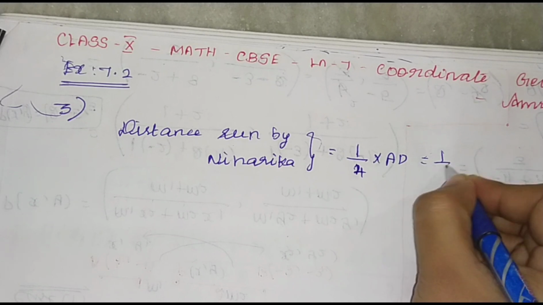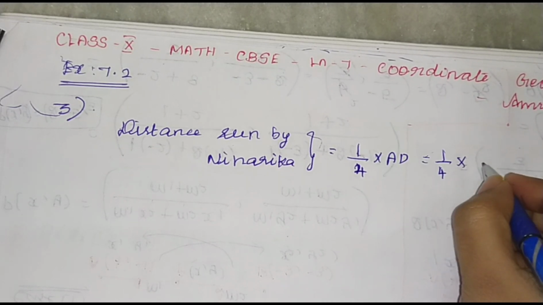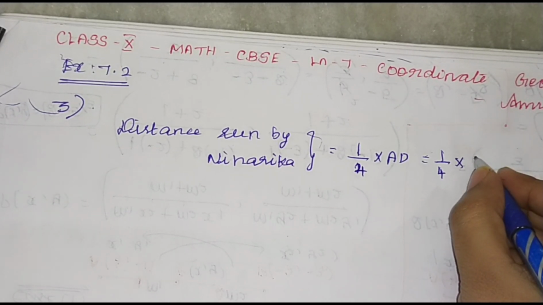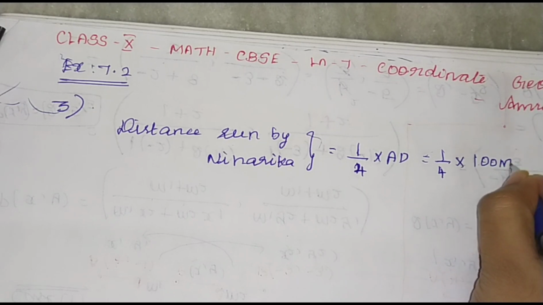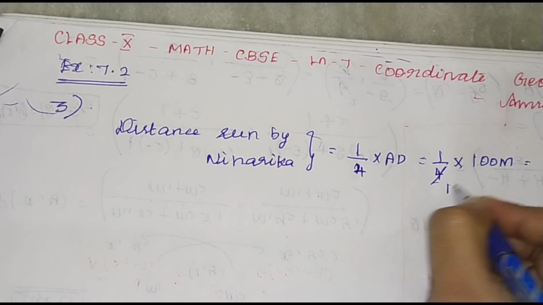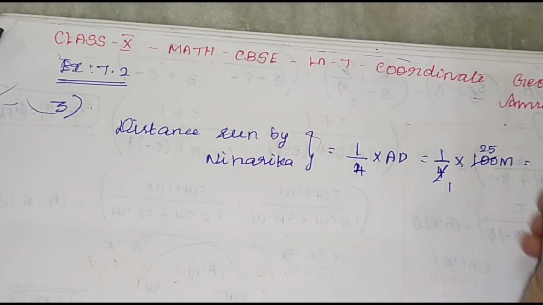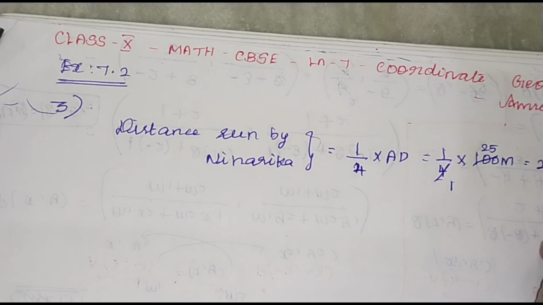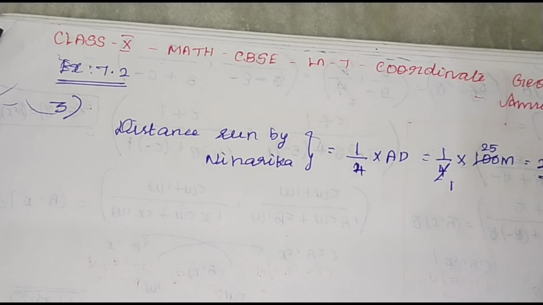The distance AD is given as 100 meter, so we write 100. 1/4 of 100 is 25, so she ran 25 meter.